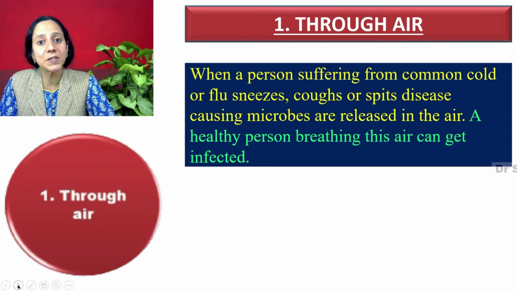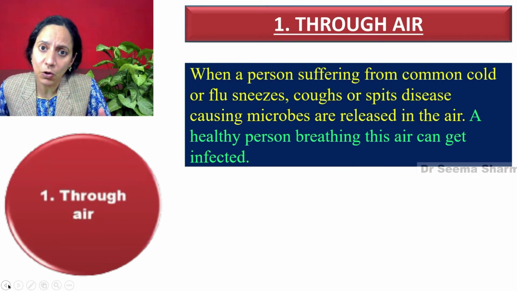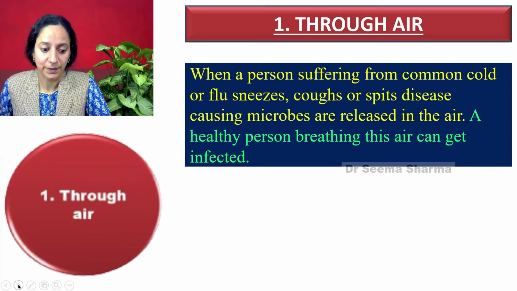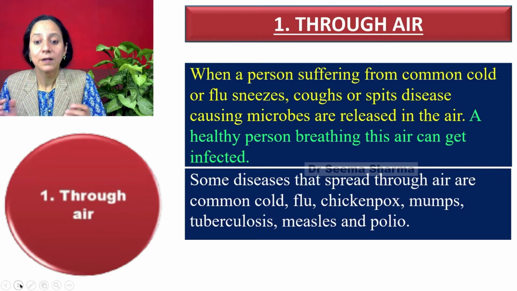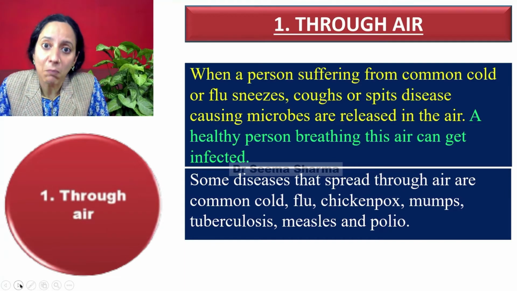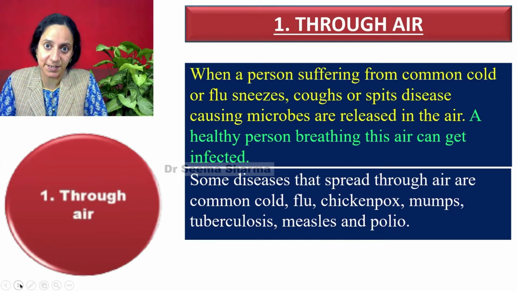A healthy person breathing this air can get infected, and we have a long list of diseases which are spread through air. Common ones are common cold, flu, chickenpox, mumps, polio, tuberculosis, measles, etc. COVID-19 is one such viral disease. That is why wearing a mask is so important.